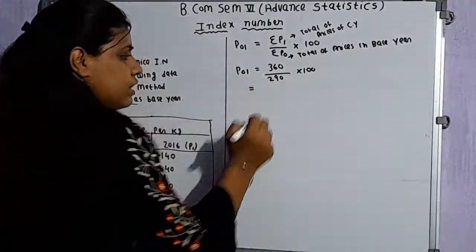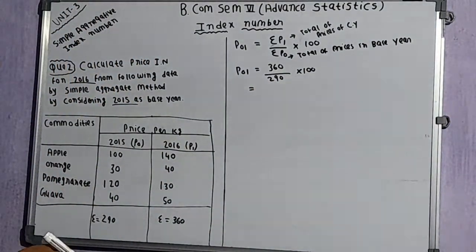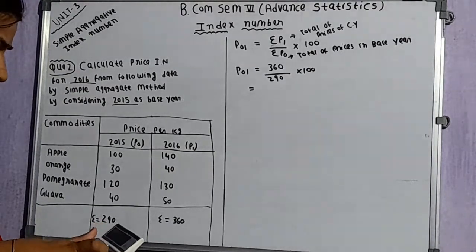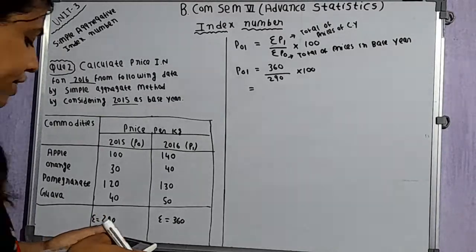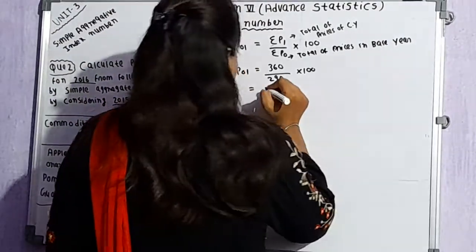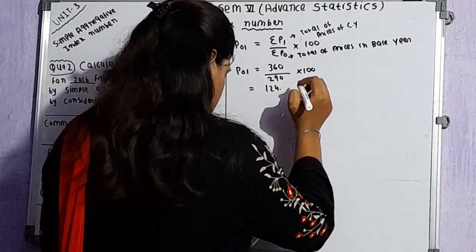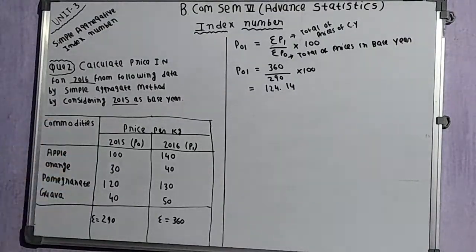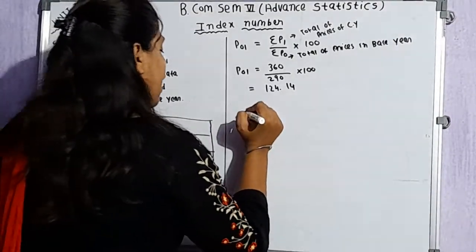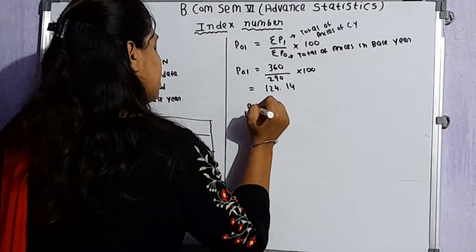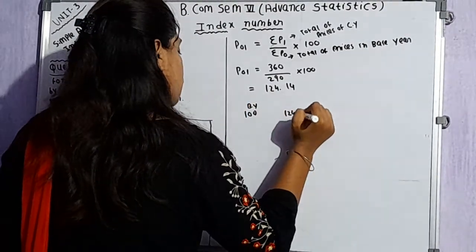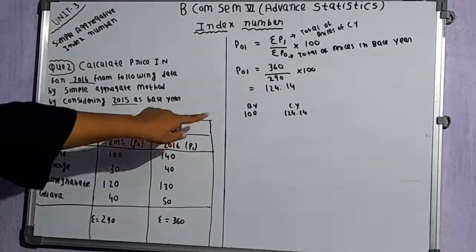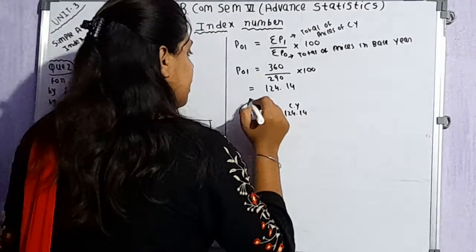So 360 upon 290 into 100 comes to 124.14. Now what does it indicate? It indicates that any commodity which used to cost 100 rupees in the base year now costs 124.14.